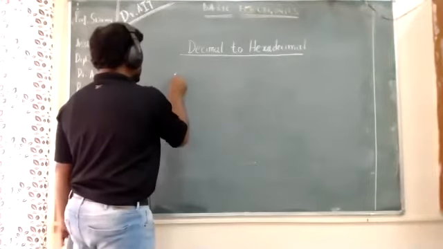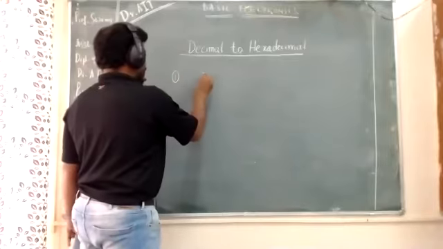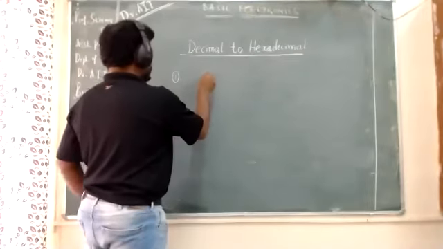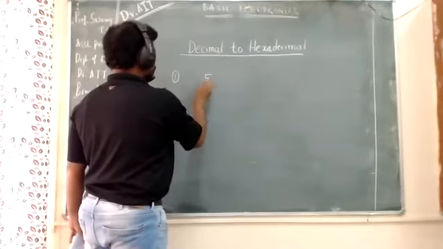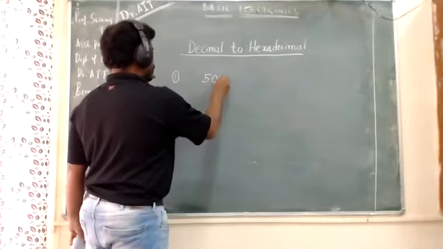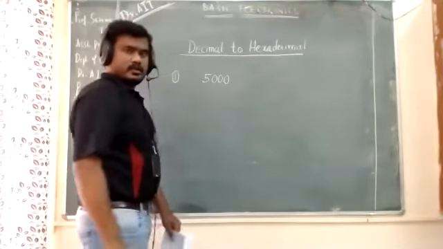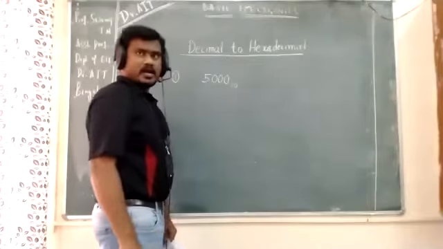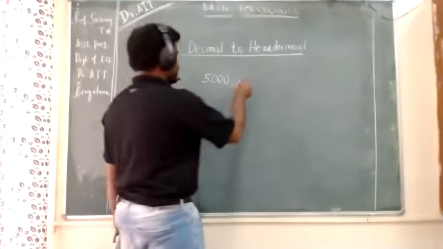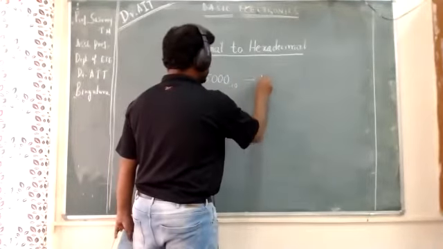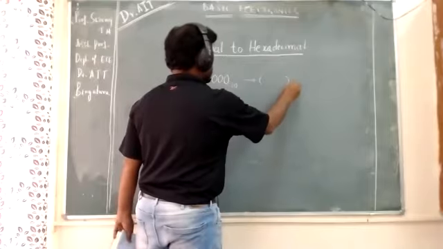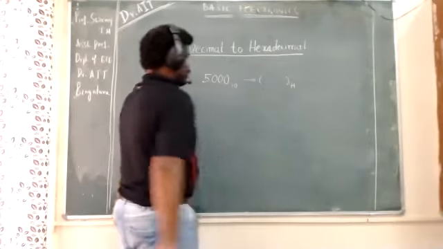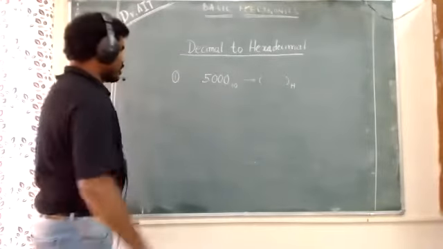The first example is this. I have taken 5,000, and this is a decimal number, and you have to convert this decimal number to hexadecimal. Now, what is the procedure?